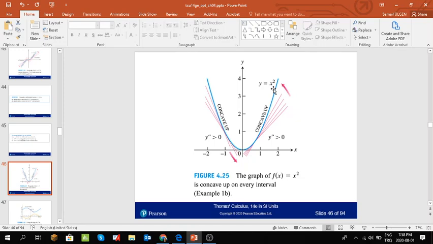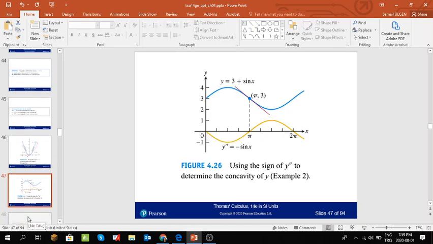So the second derivative is 2 everywhere. That would mean, by the second derivative test for concavity, the graph of f is concave up everywhere. So it's concave up here and concave up here, because of that.